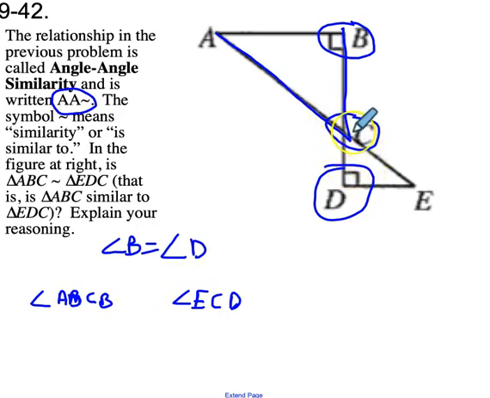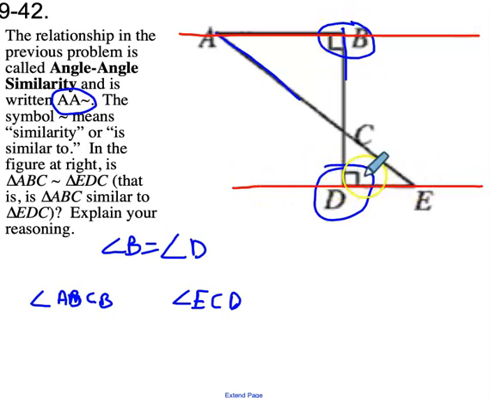So what do we know about these angles? I'm going to go ahead and erase a little bit of this right down here. What have we learned about this area right here? What kind of angles are these? Think about it. If we extend this line right here, and we extend this line here, because these are both 90 degrees, we know these lines are parallel.